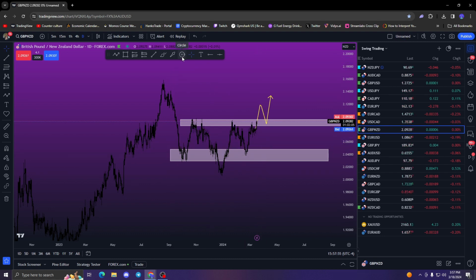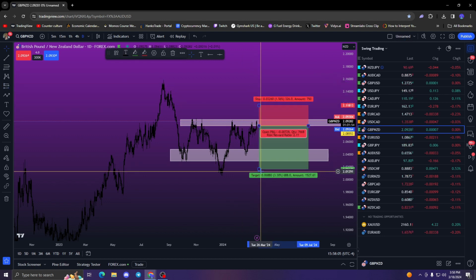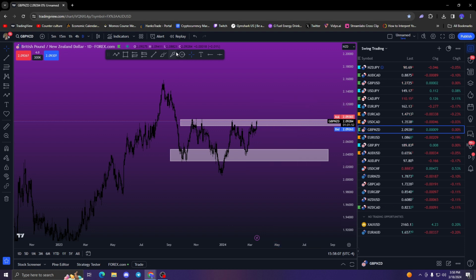Now, if you're a range trader, you probably love this condition that it's in, and you might be looking for sells. Like I've been saying, that could work. But from my perspective, I think price could just break past the zone and retest as support to continue up. So that's what I'm going to be waiting for on GBP NZD.